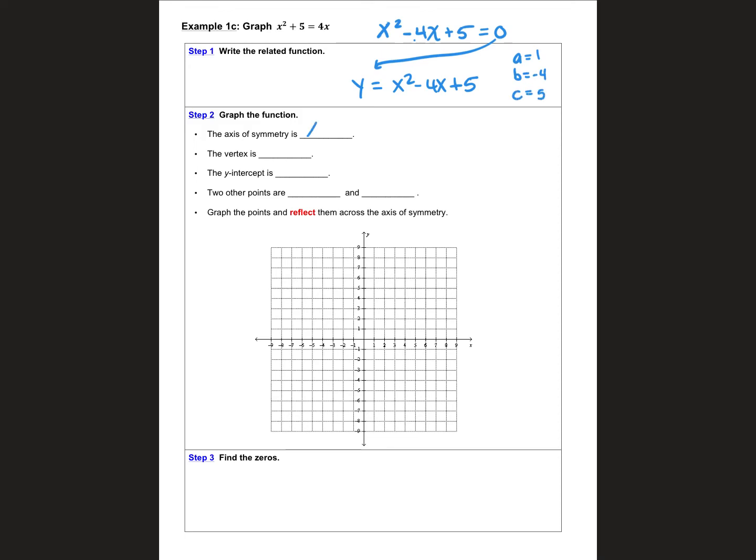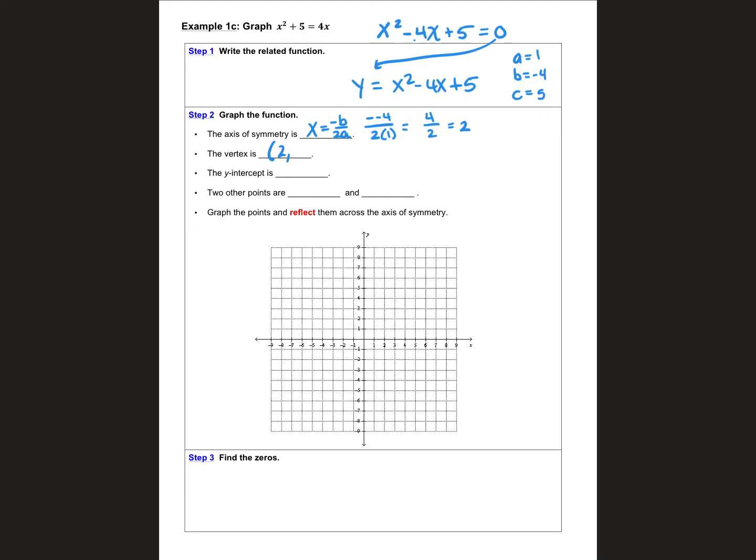And then we start with our axis of symmetry. X equals -b over 2a, which is a -4, over 2 times a, which is 1. -4 is 4 over 2, which is 2. So the x is 2, which means that my 2 is my x value of my vertex.